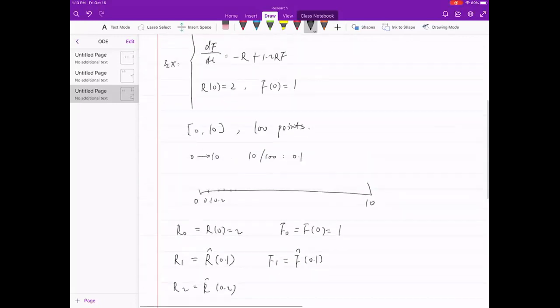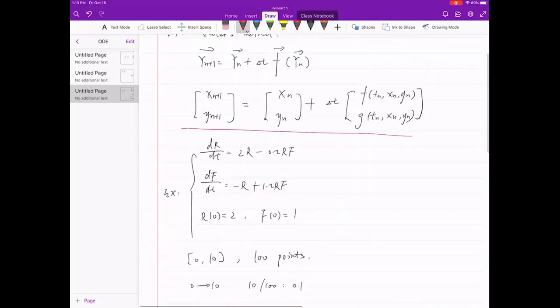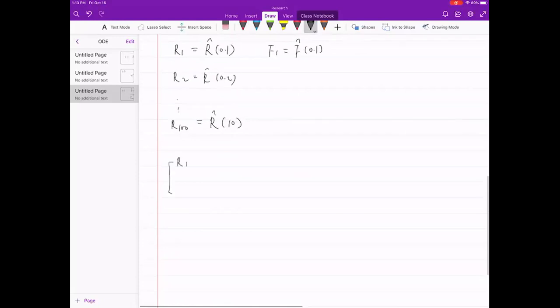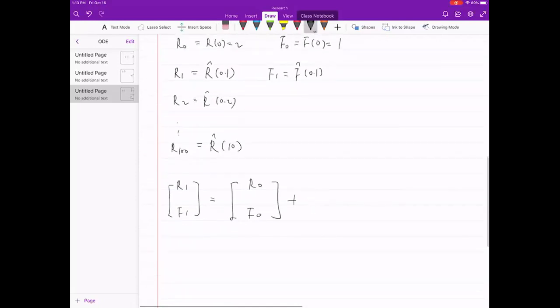Okay. And the iteration looks exactly the same as what we just did here, except you change X and Y to be R and F. So let's just do a very simple first iteration. R1, F1 equals R0, F0 plus delta t, in this case 0.1, which comes from 10 divided by 100, times f of t0, R0, F0.